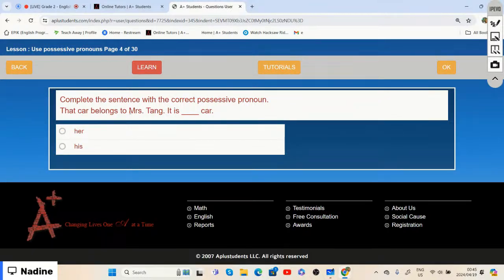Next to the last one. That car belongs to Mrs. Tang. Mrs. Tang is a female, right? It's a girl. So that car belongs to Mrs. Tang. Do we say it is her car or do we say it is his car?